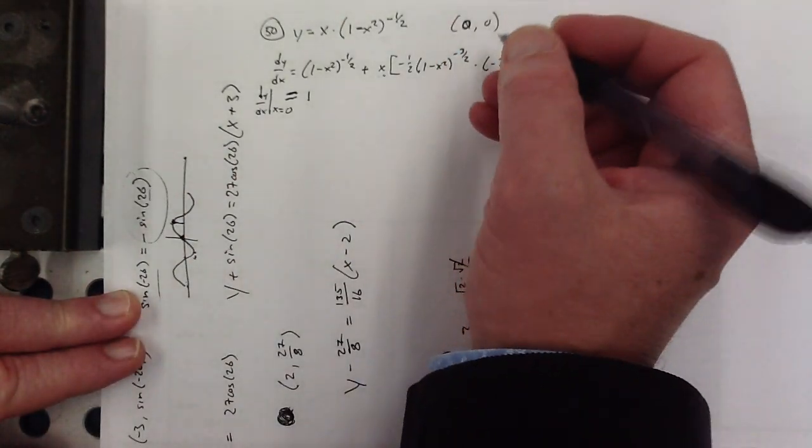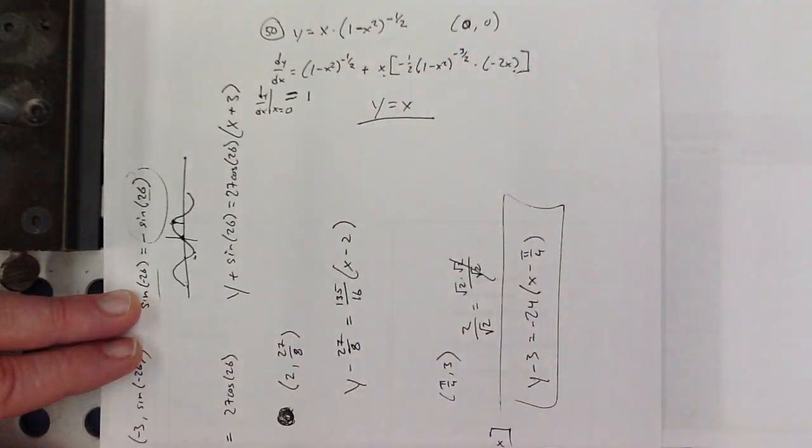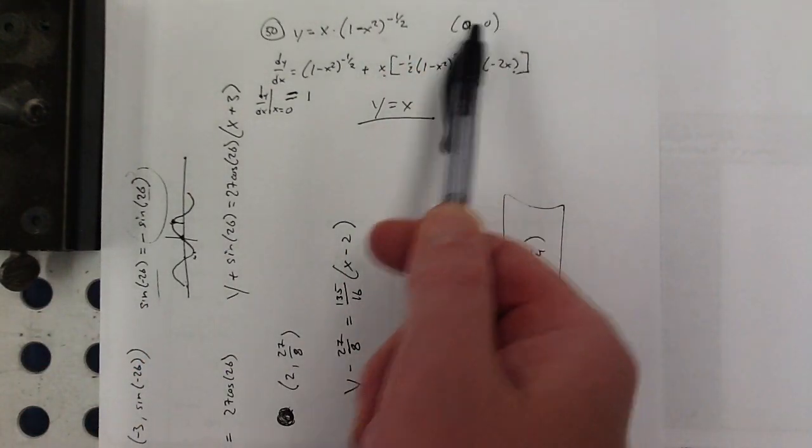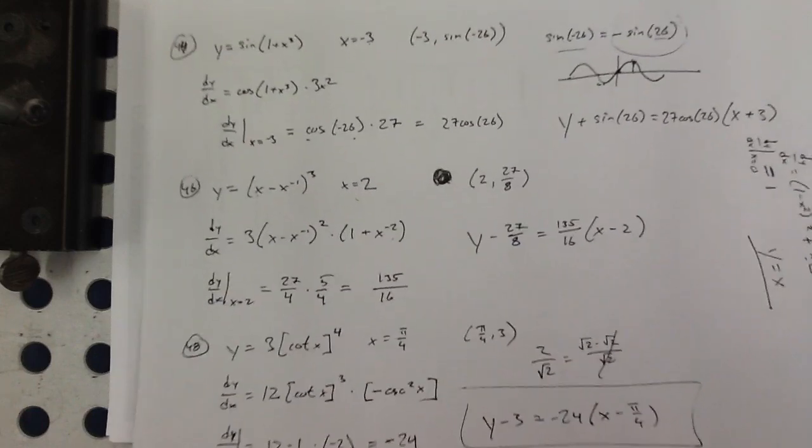Right? So it looks like I got the line y equals x. Goes through the origin, slope of 1. Seen that line before. All right, so you can cut this off now if you want.